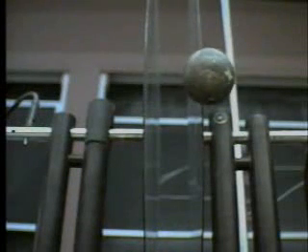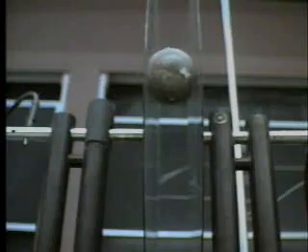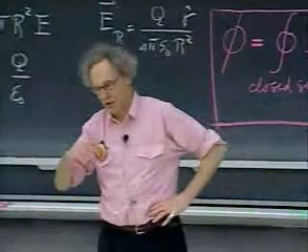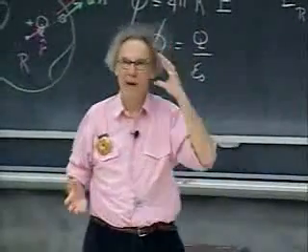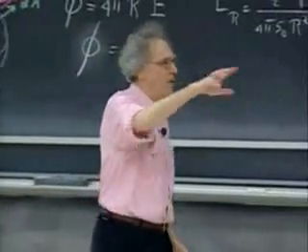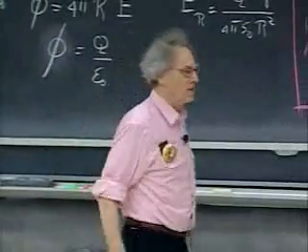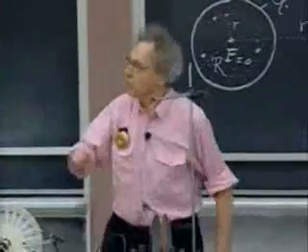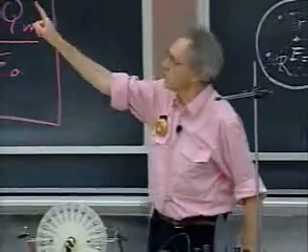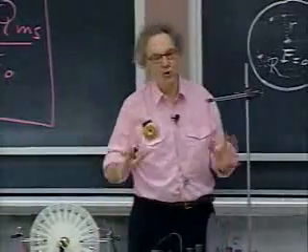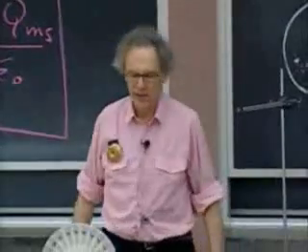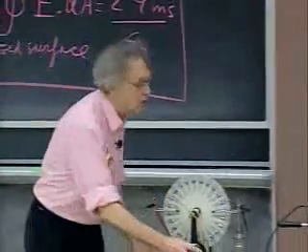And remember when I did the demonstration with the balloon, which bounced between my head and the Van de Graaff, and every time that it bounced on the Van de Graaff, it took all the charge of the Van de Graaff, and when it bounced on my head, it took my charge, and so it went back and forth along the field lines.